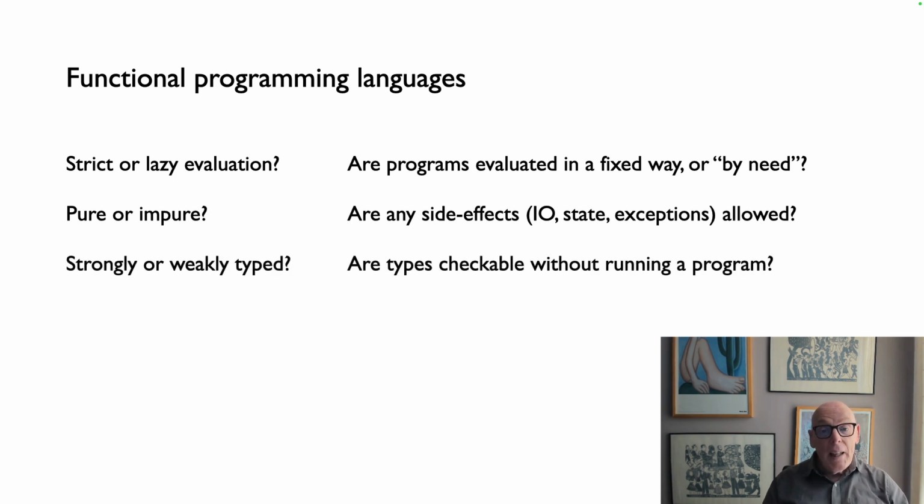And we've seen already that Haskell enforces what's called strong typing. You can tell whether a program is going to produce a type error without running that program. Now, not all languages do that, and there are advantages to that. You can write code that applies to all sorts of different values without worrying about what type those values have.